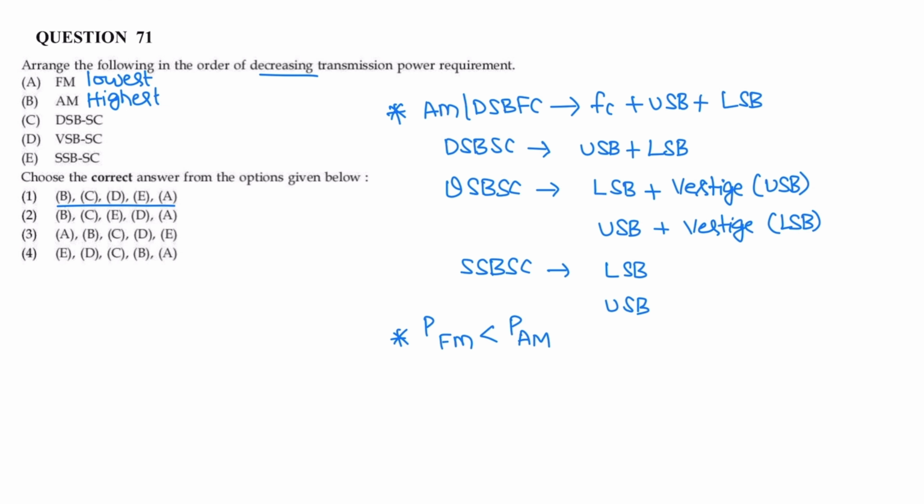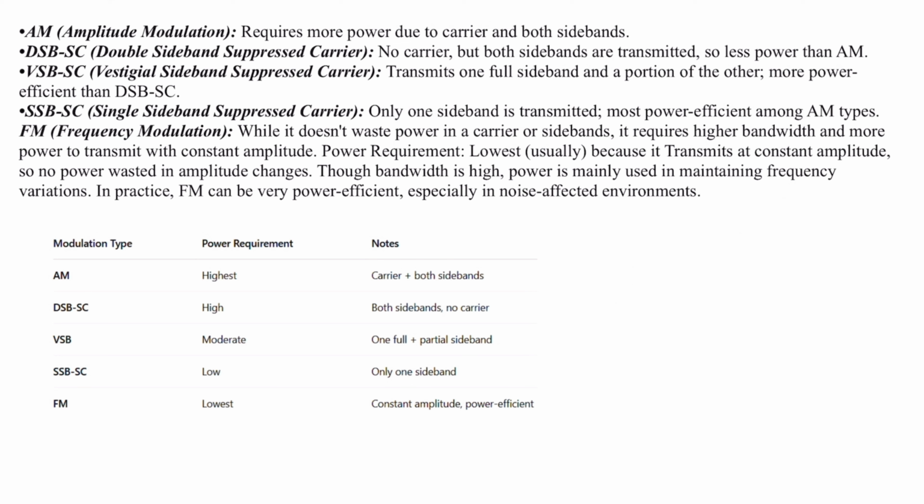So power requirement is highest in amplitude modulation, lowest in frequency modulation. So this is the priority order: DSBSC, vestigial sideband, single sideband suppressed carrier, and then finally frequency modulation. Correct option is 1.